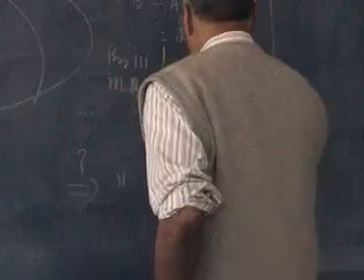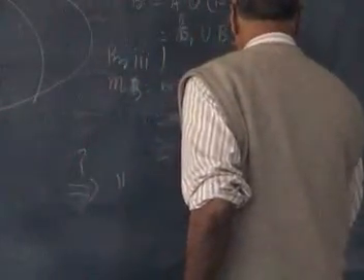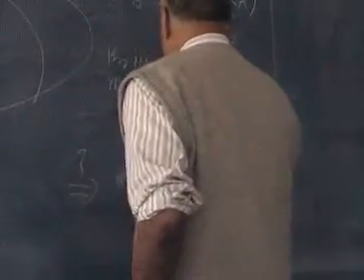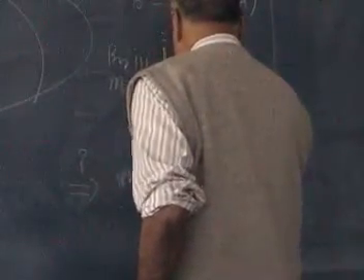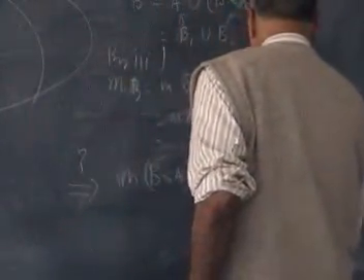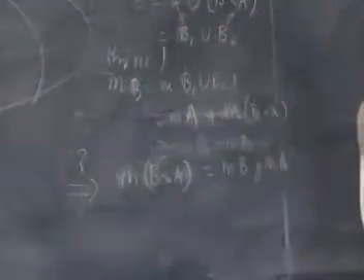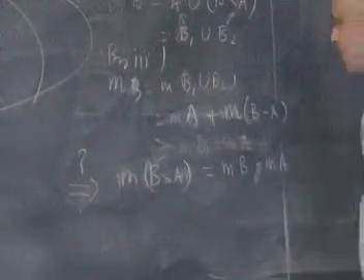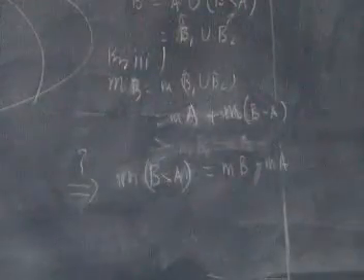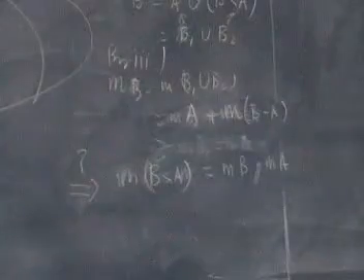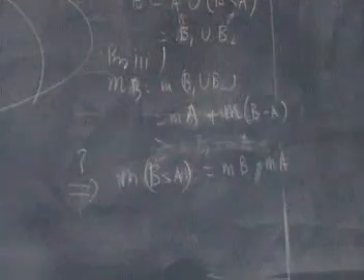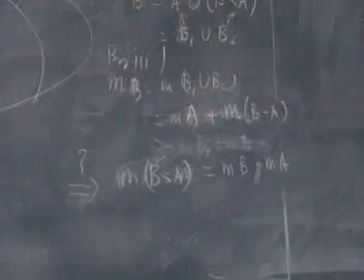This is M of A plus M of B minus A. This implies that M of B minus A is equal to M of B minus M of A. M of B is equal to M of A plus M of B minus A. Does it imply M of B minus A is equal to M of B minus M of A? Yes or no?